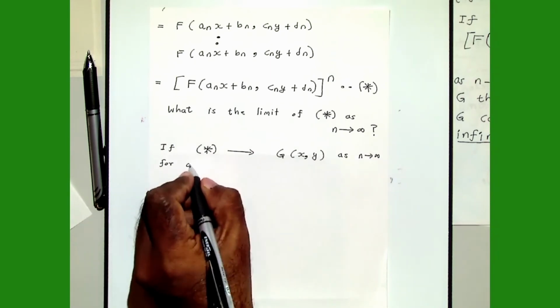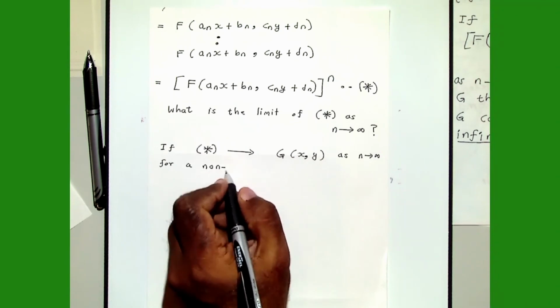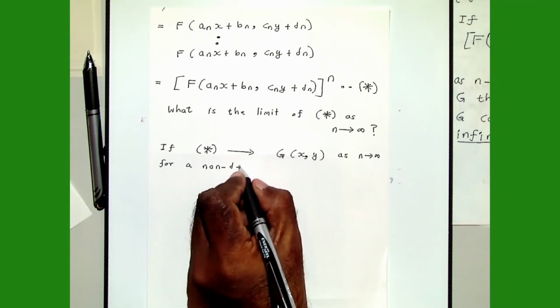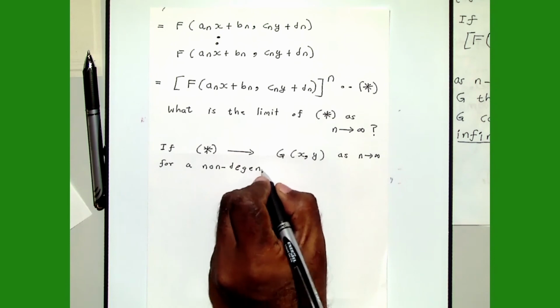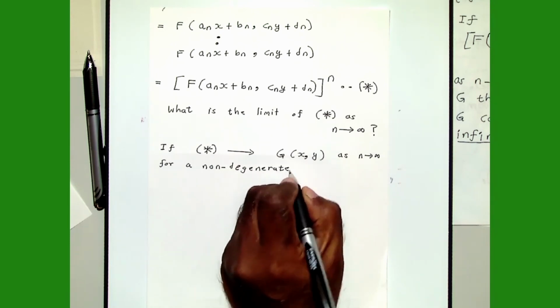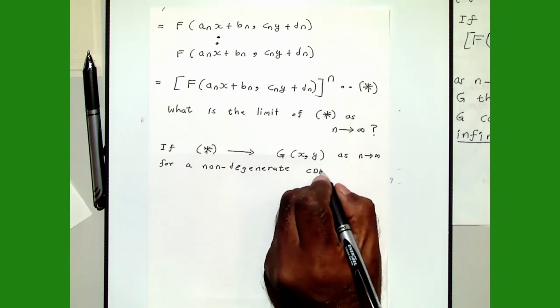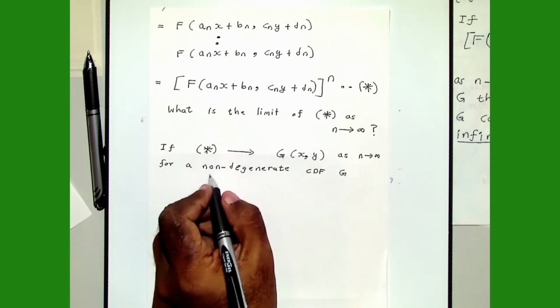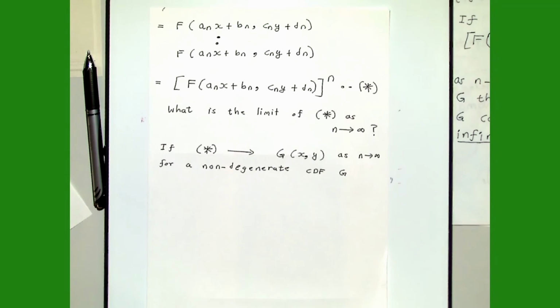for a non-degenerate CDF G. I hope you remember what this means. Degenerate, I'm sure you remember, means something not useful, like a degenerate CDF is something that takes the value 0 or 1. And a non-degenerate CDF is the opposite of that, which is a CDF that can be practically applied.